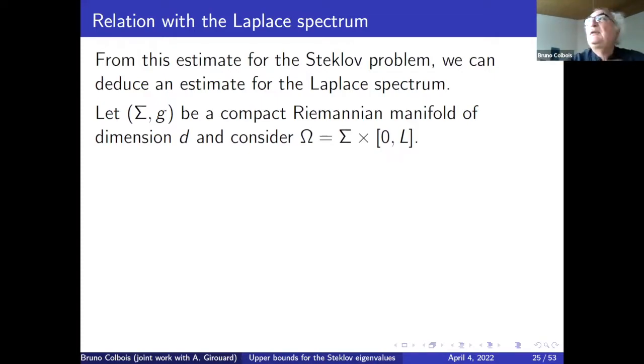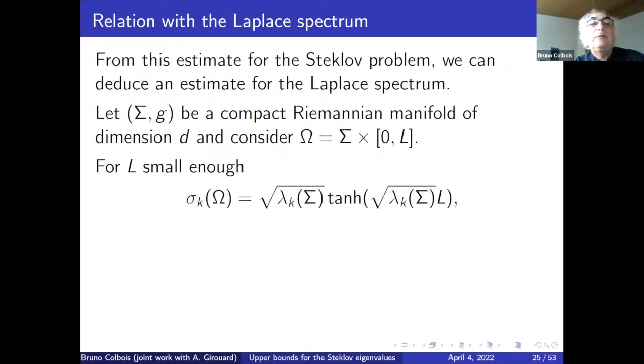So if we know something about the Laplace spectrum, we have information about the Steklov spectrum, but the converse is true also. And if you remember, I told that for L small enough, you know exactly the spectrum of the product. The k-th eigenvalue is exactly this number.